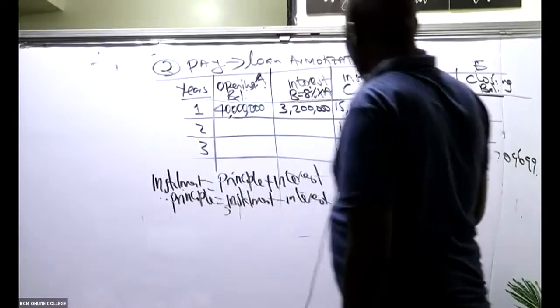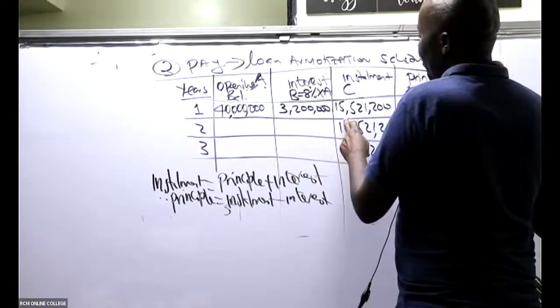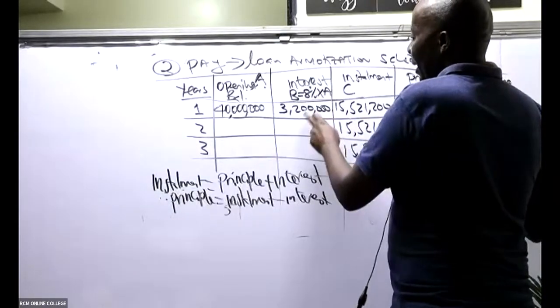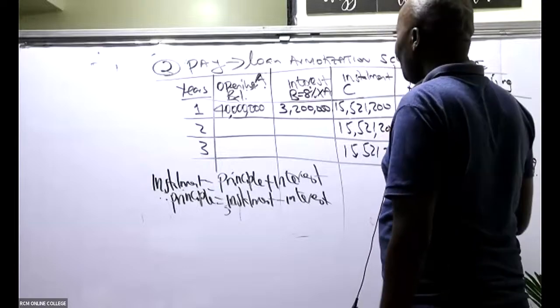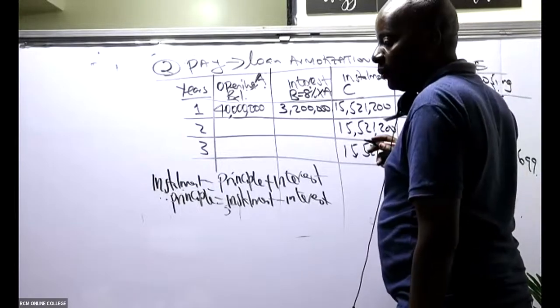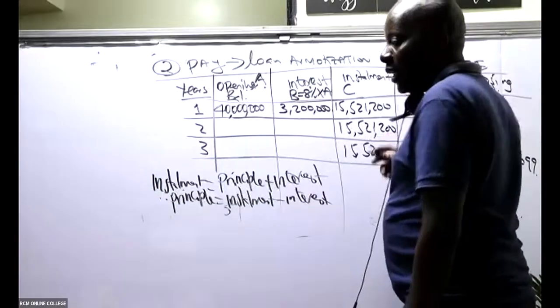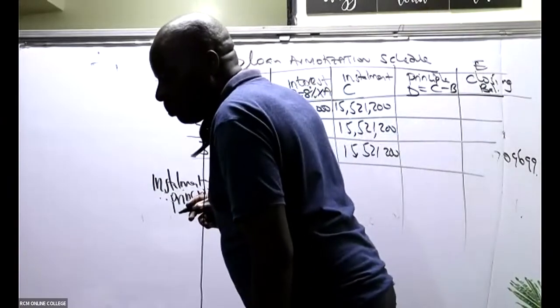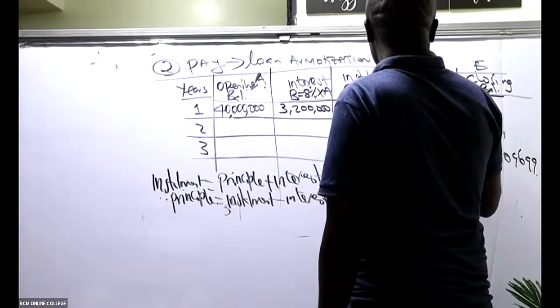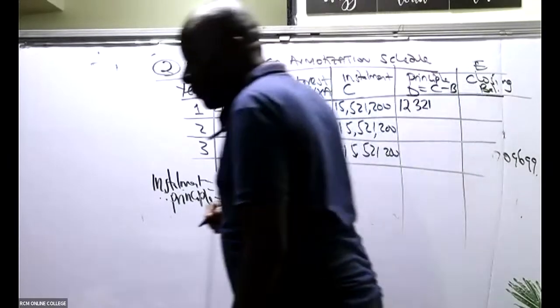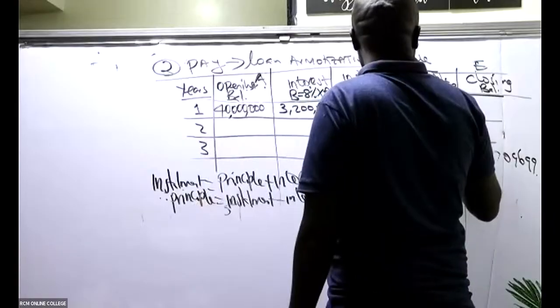The first principal, somebody here. A great ninja called Hope says 12,321,200. Thank you so much.